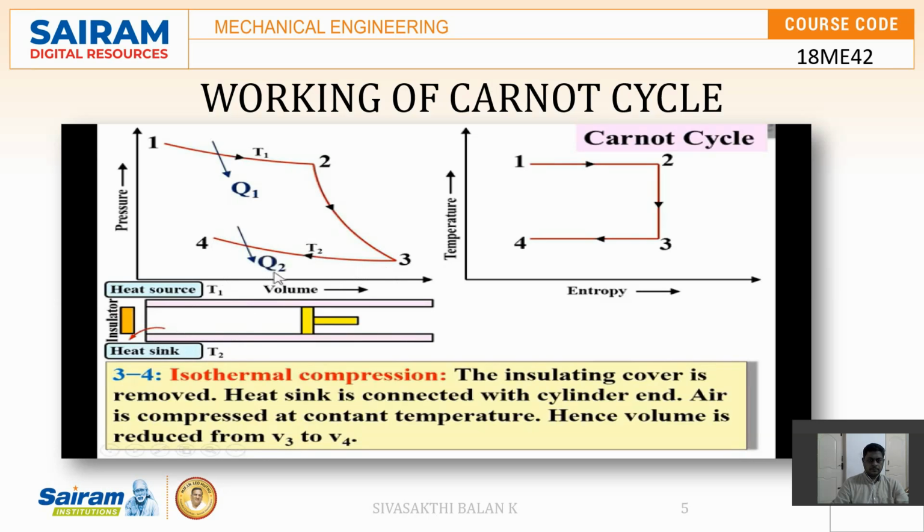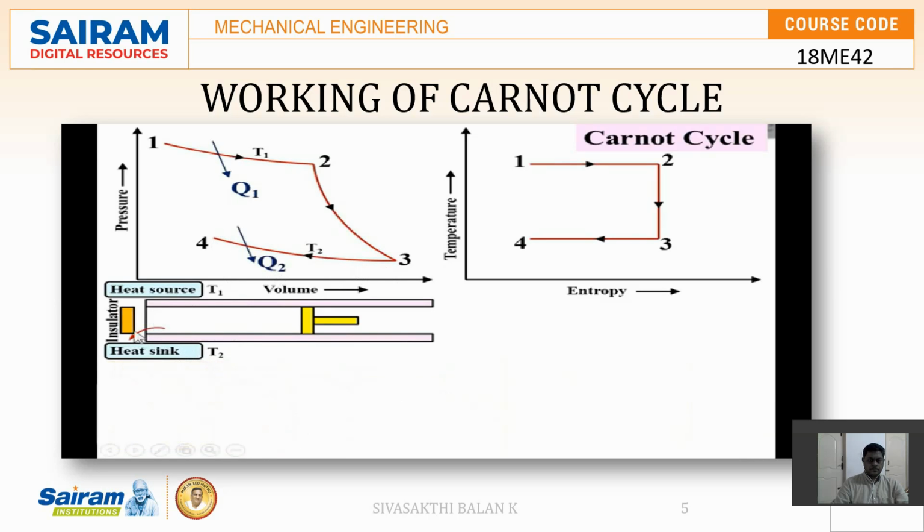Let's say it is Q2. Now next, once again the insulator is covered, so that no heat will be transferred. The piston will move again from right to left, that means to the initial position of the piston at state 1.